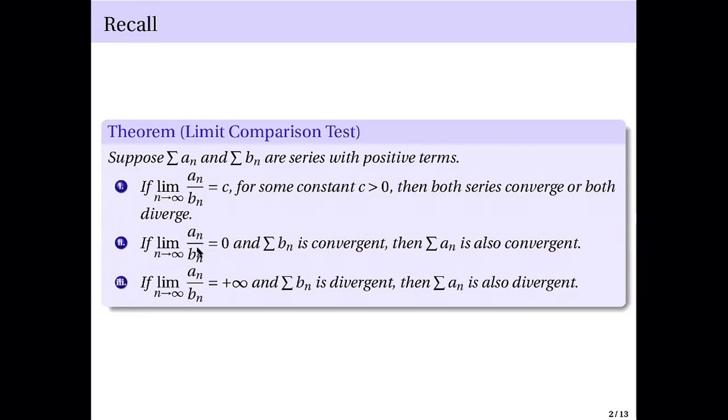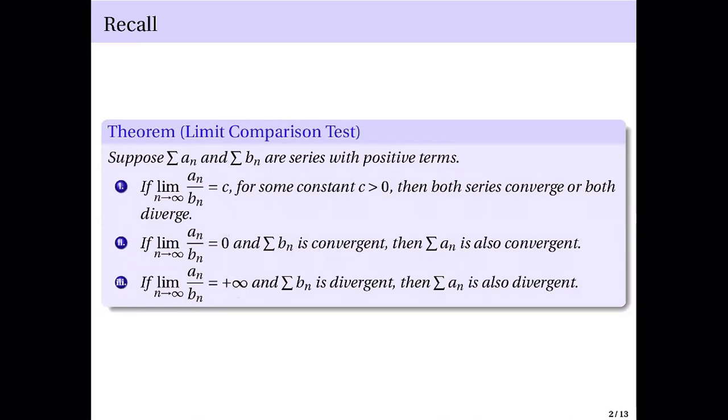If you are going to use AN over BN, this ratio here, kapag yung limit ni AN over BN ay nag-exist because it's equal to 0, tapos yung ilalim, convergent, yung ibabaw magiging convergent. So nag-exist na limit, convergent BN. Now, kapag yung limit ni AN over BN hindi nag-exist, kasi plus infinity, di ba?